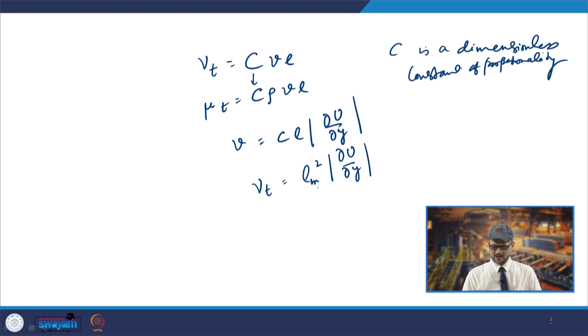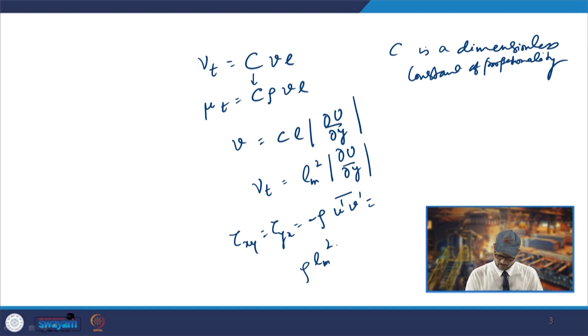And if dou u by dou y is the only significant mean velocity gradient, then tau x y or tau y x, which we write as minus rho u prime v prime, will be written as rho Lm square and dou u by dou y. So, it will be nu t into dou u by dou y in fact.